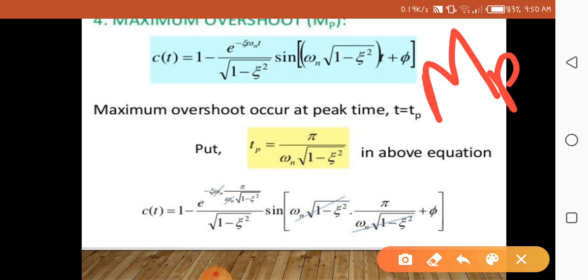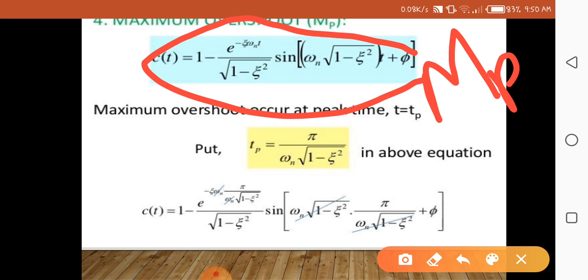So we rewrite the second order time response, that is C of t is equal to 1 minus e raised to the power minus zeta omega n t by root 1 minus zeta square, sin brackets omega n root 1 minus zeta square t plus phi.